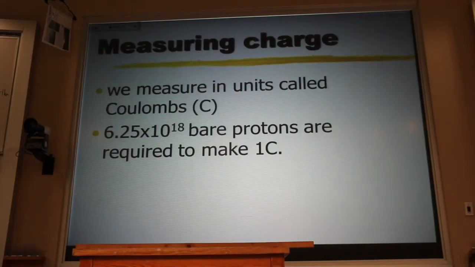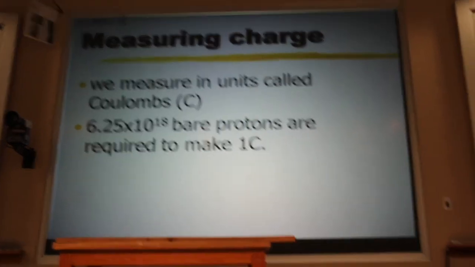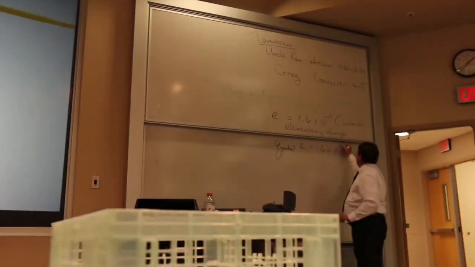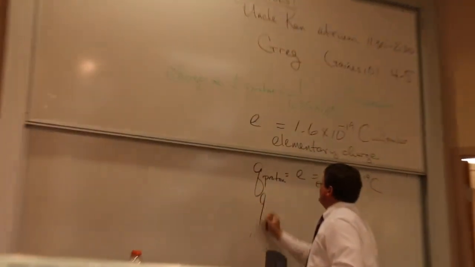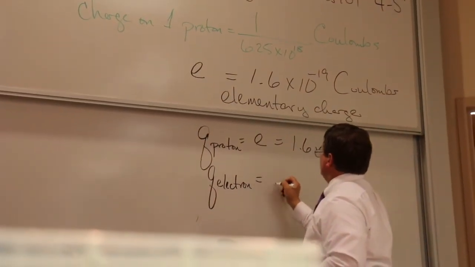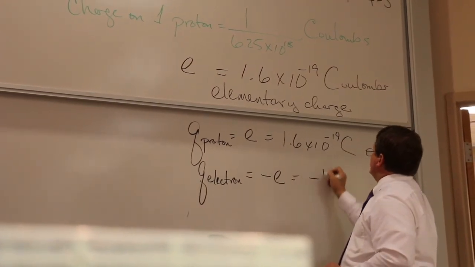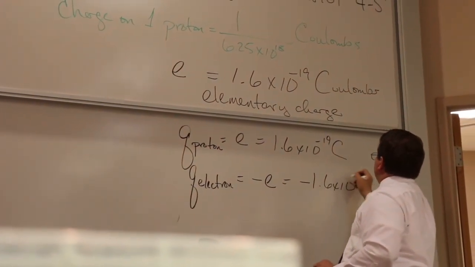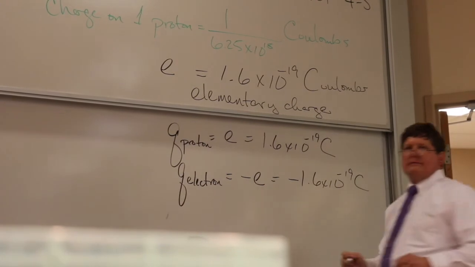Okay? We typically notate charges with a Q. And the charge of a proton is E, or 1.6 times 10 to the minus 19 coulombs. The charge on an electron is minus E, or minus 1.6 times 10 to the minus 19 coulombs.